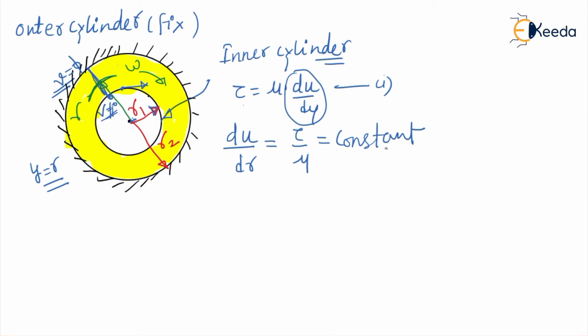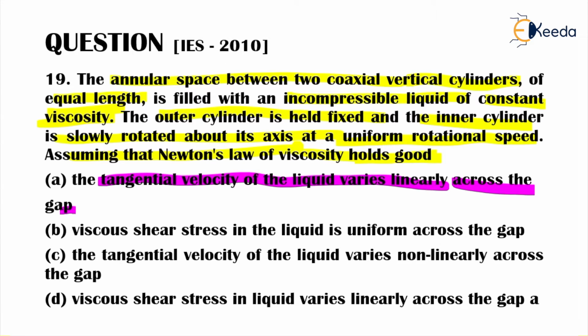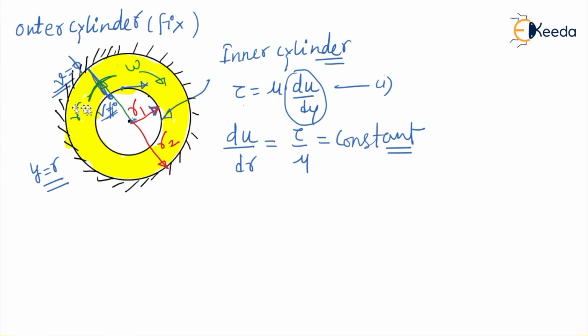Why must this be constant? Because it is mentioned here that the fluid is moving with uniform rotational speed. So remember, the angular velocity is constant.